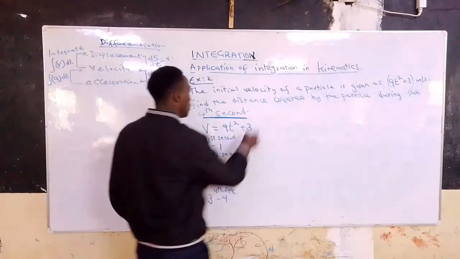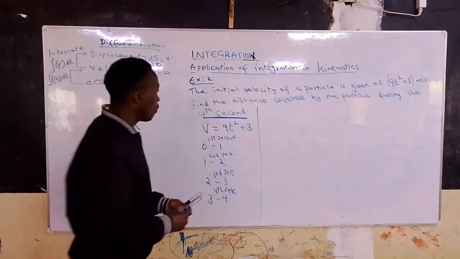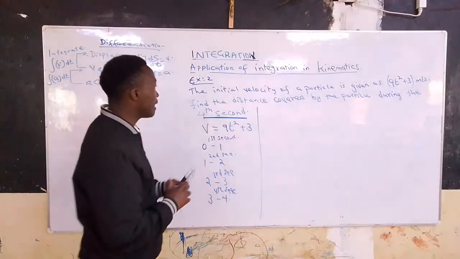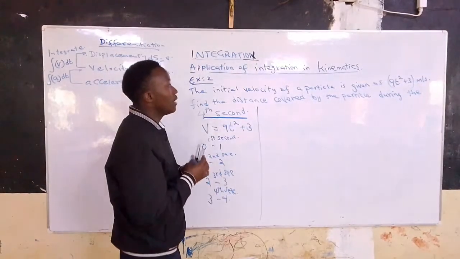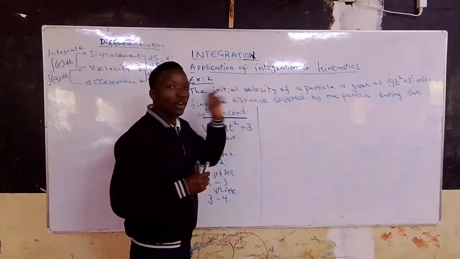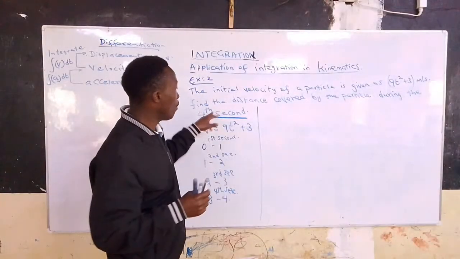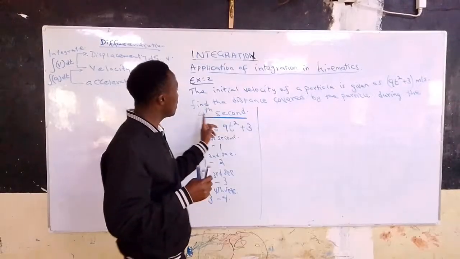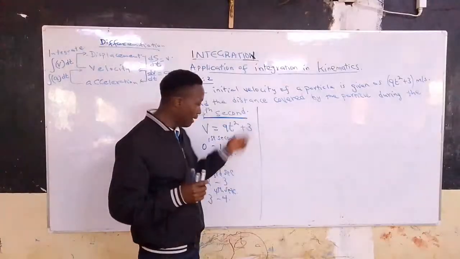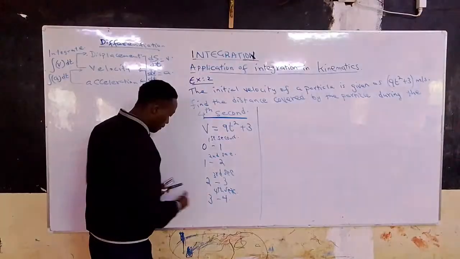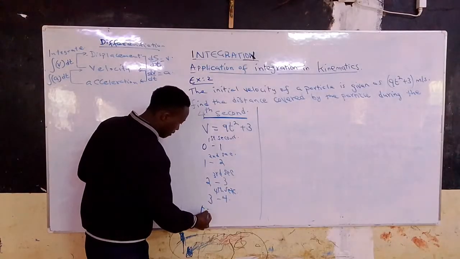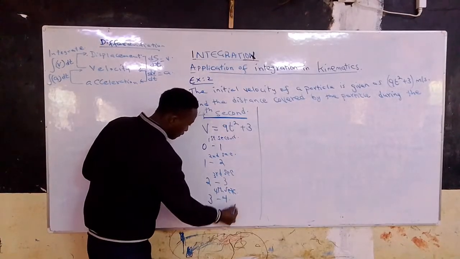lies. So what we need to understand is that we are determining the distance covered during the 4th second, not when time is 4 seconds. It is during the 4th second, and the 4th second is between t is 3 and t is 4.